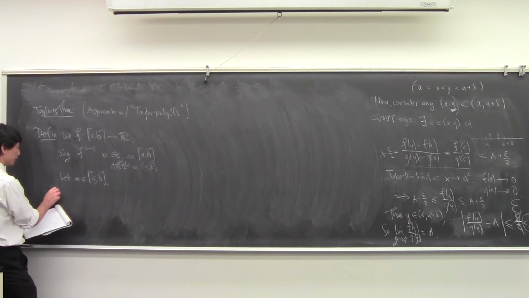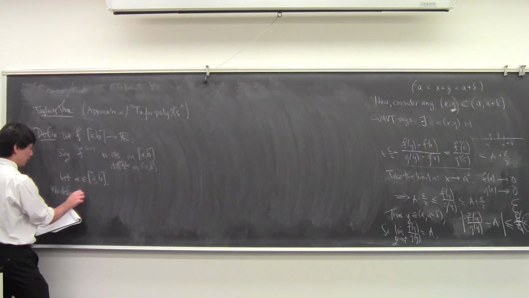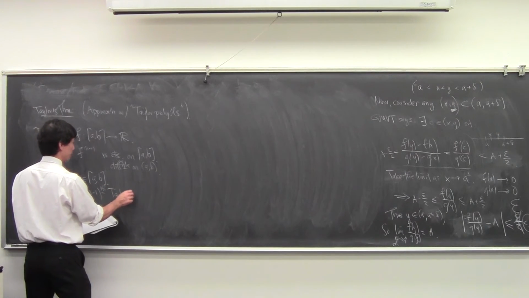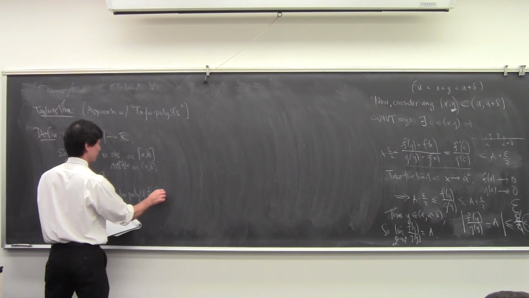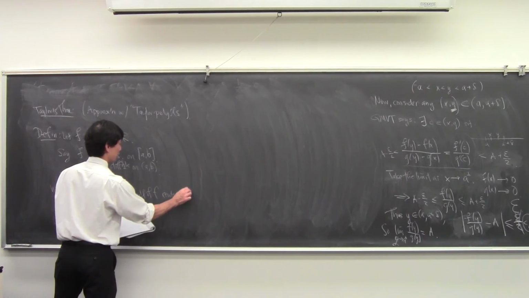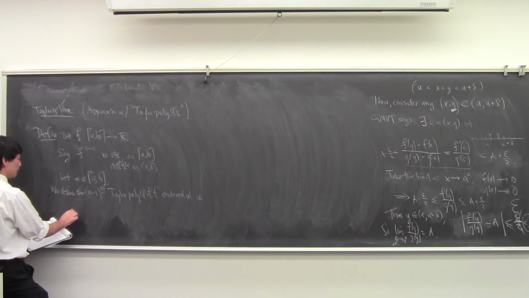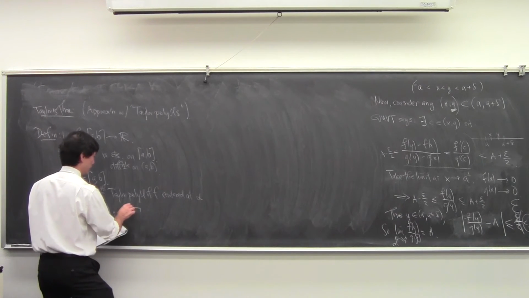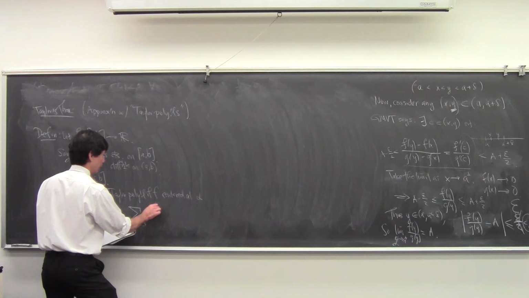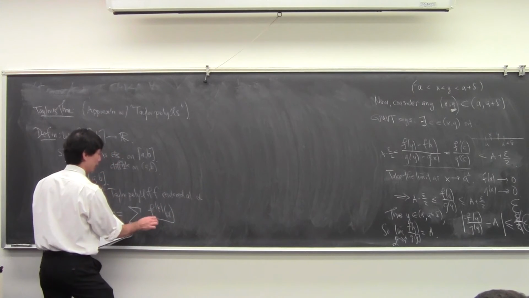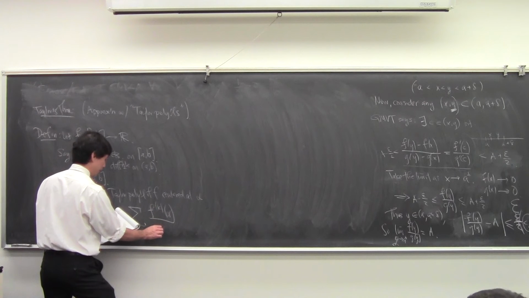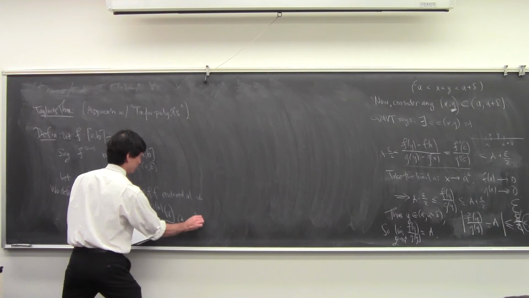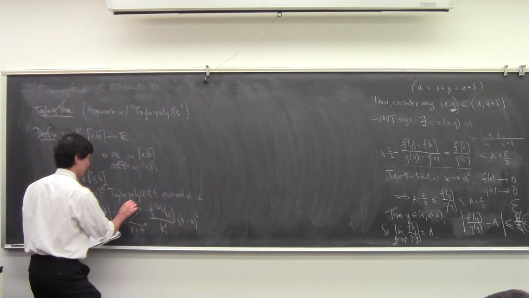We define the n-1th Taylor polynomial of f centered at alpha as P of t equals the sum of the kth derivative of f evaluated at alpha over k factorial times (t minus alpha) to the k, as k goes from 0 to n-1.